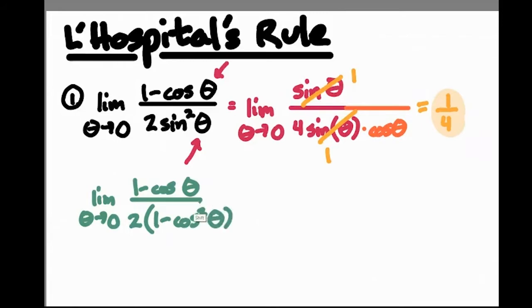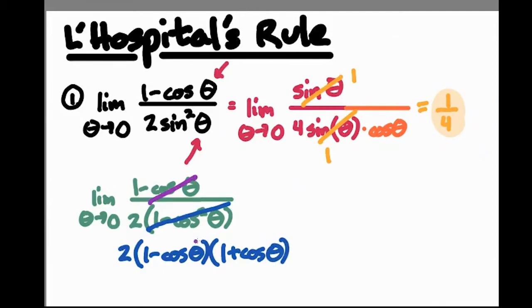Does everyone remember that trig property, kind of? And again, if you don't, it's fine. Well, 1 minus cosine squared theta, if you do difference of two squares there, you have 1 minus cosine theta and 1 plus cosine theta.